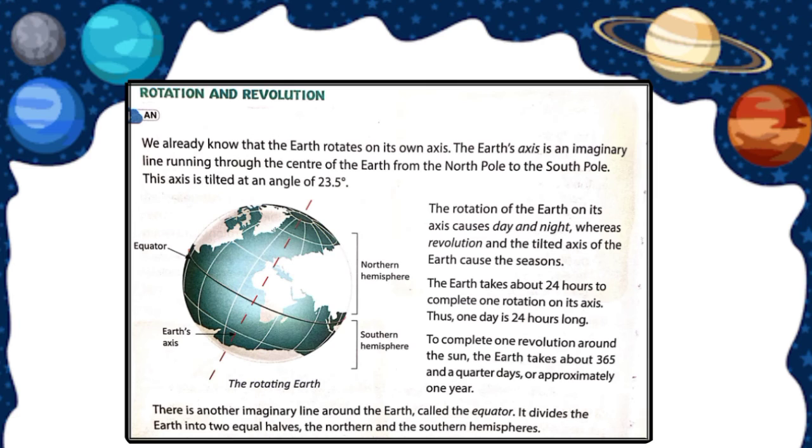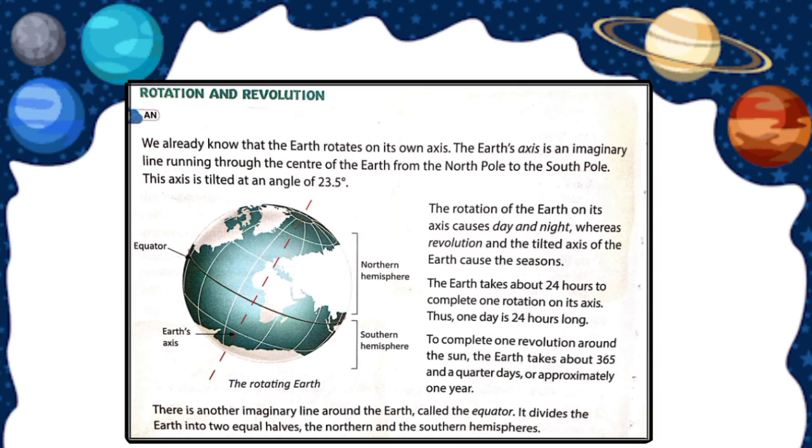Now let's understand what rotation is. As you know, the earth moves in two different ways. The earth revolves around the sun once a year and rotates on its axis once a day. While the earth's orbit makes a circle around the sun, it also spins, and in science we call that rotating on its axis.